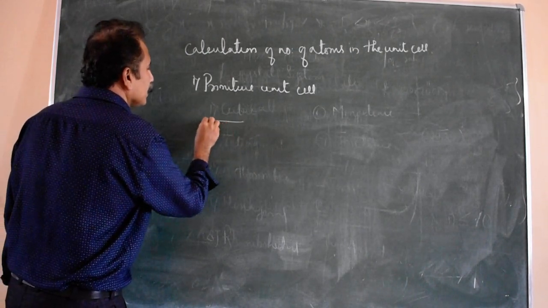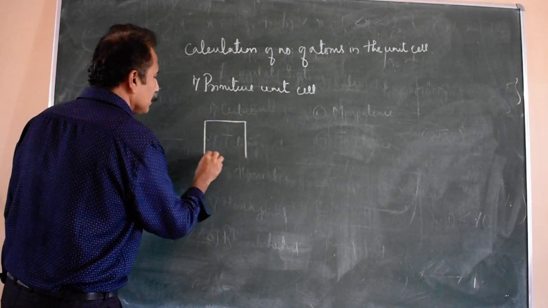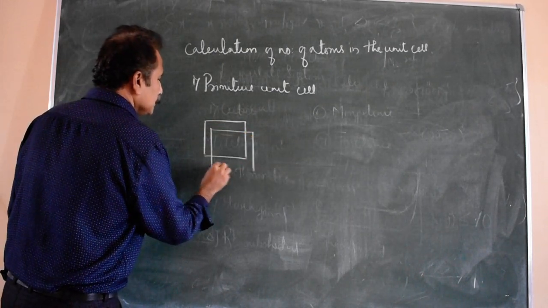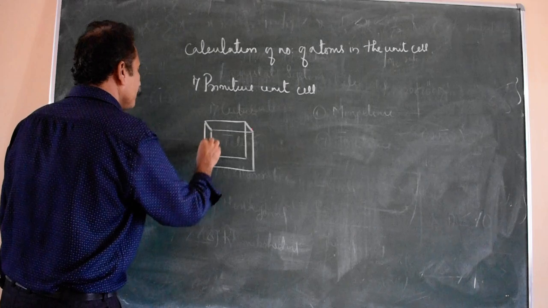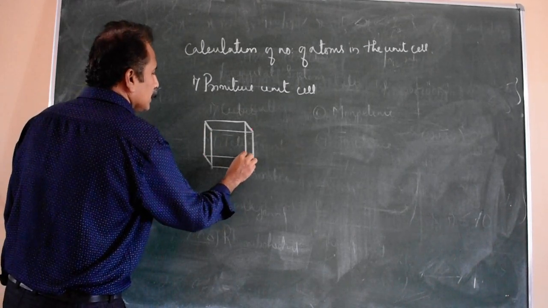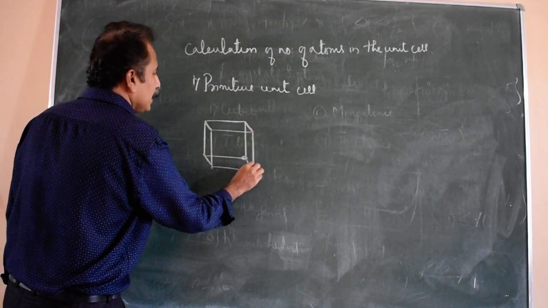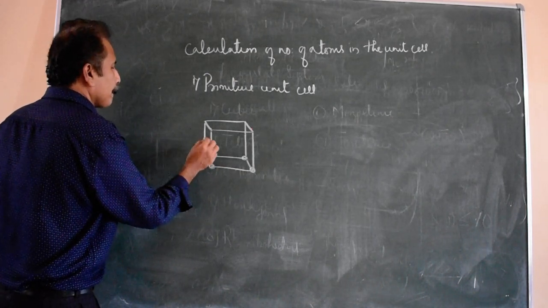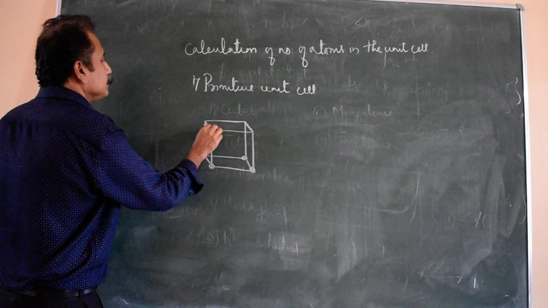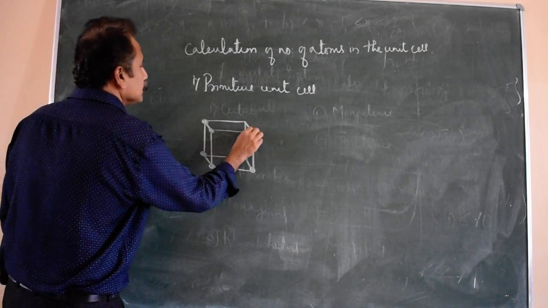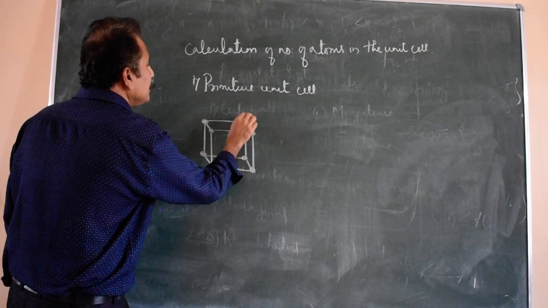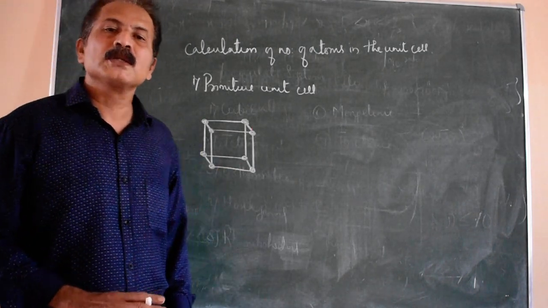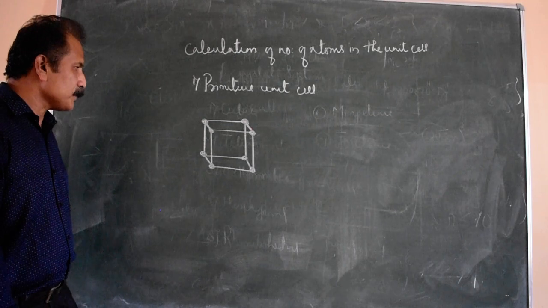There are 8 particles occupying the 8 corners. So if you represent this, there will be particles present at the 8 corners. Each corner particle contributes 1/8 towards building up of the entire crystal.